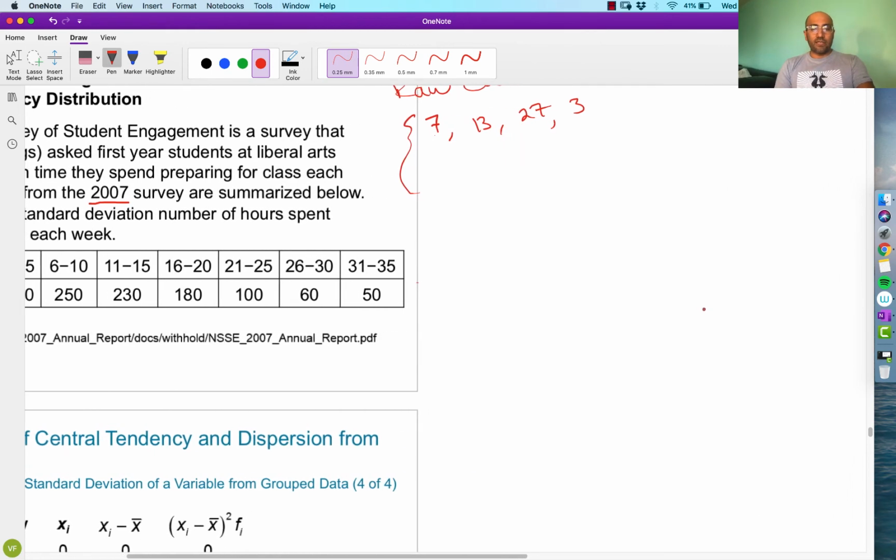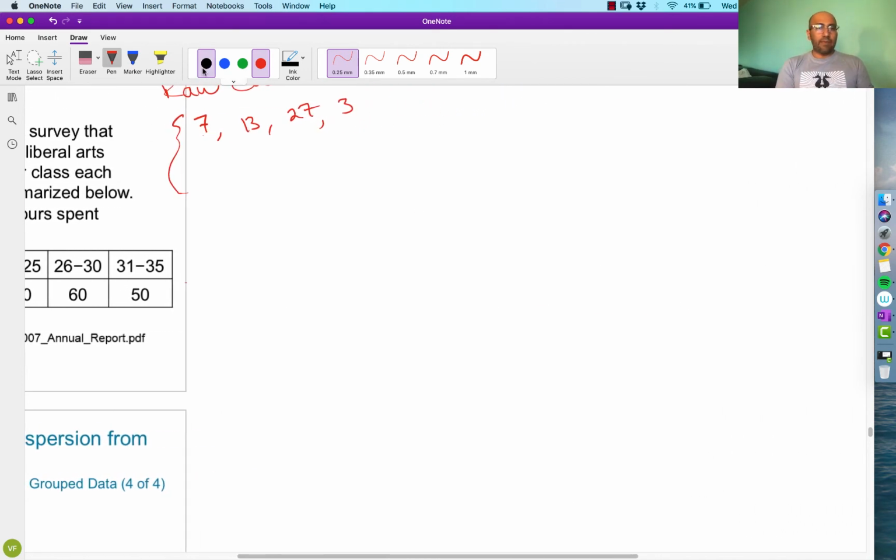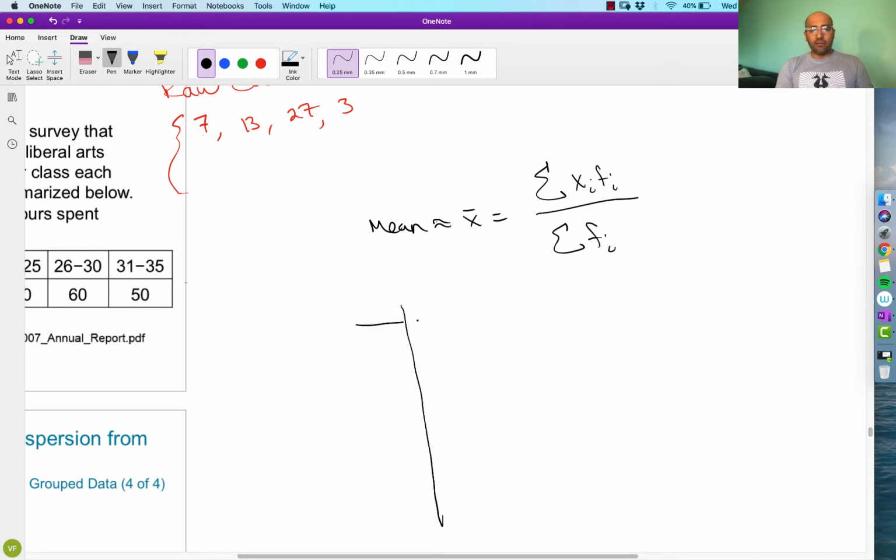So let me go off to the side over here and remember that the mean, and this is a sample mean, is approximated, x bar, is going to be equal to the sum of the midpoint values times their frequency values divided by the sum of the frequency values, like this. I would recommend that we create a nice little table to organize our data. So I'm going to have the classes go over here.